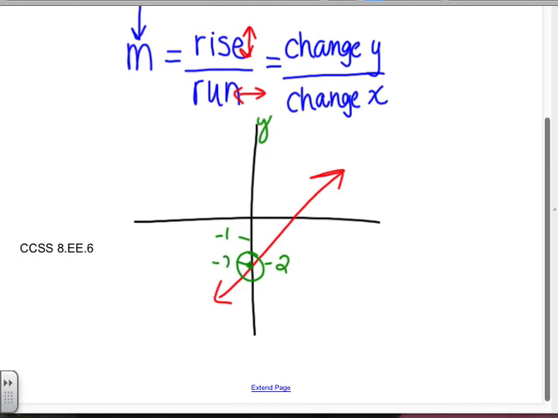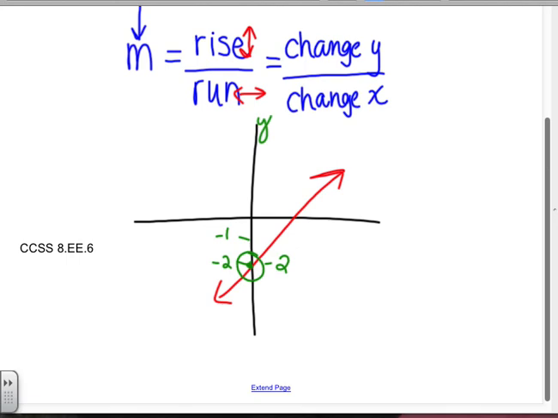There's -1, -2. That is called your y-intercept. And it just means where does your line cross through or intercept the y-axis.